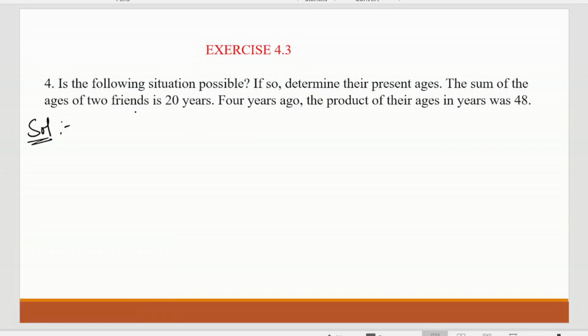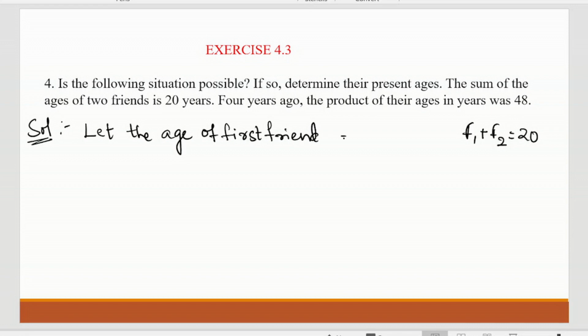Now see here, we have two friends, right? The sum of the ages of the two friends is 20. So if you take the first friend as F1 and the second friend as F2, the sum of their ages is 20. Let the age of the first friend be X. So if the age of the first friend is X, what is the age of the second friend?